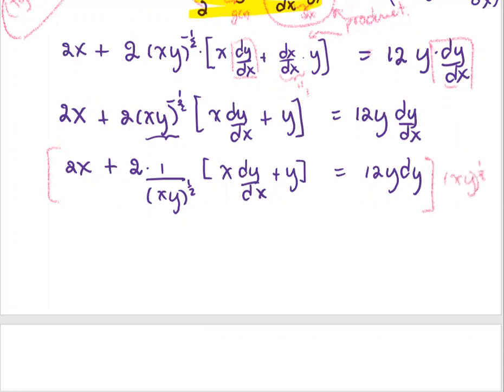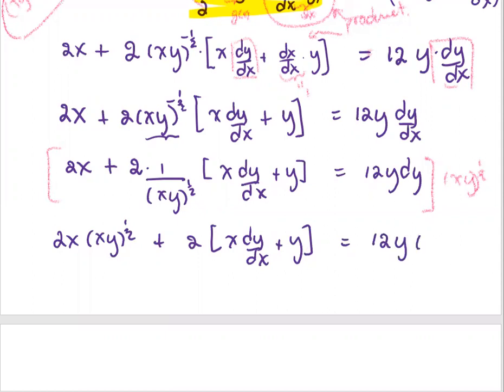If I multiply the first one, I will get 2 times x multiplied by x times y to the power 1/2 plus 2 times x dy by dx plus y equals, and this can be 12 times y times x times y to the power 1/2. This is dy by dx, I missed that. So now I don't have the term involving the denominator.